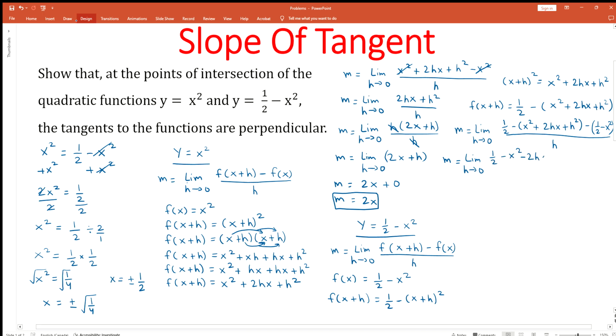Because of the negative sign in front of the parentheses, we should change the sign of all terms inside the parentheses when we get rid of the parentheses. Now we can combine like terms in the numerator. We can cancel out half and negative half. We can cancel out negative x squared and positive x squared.